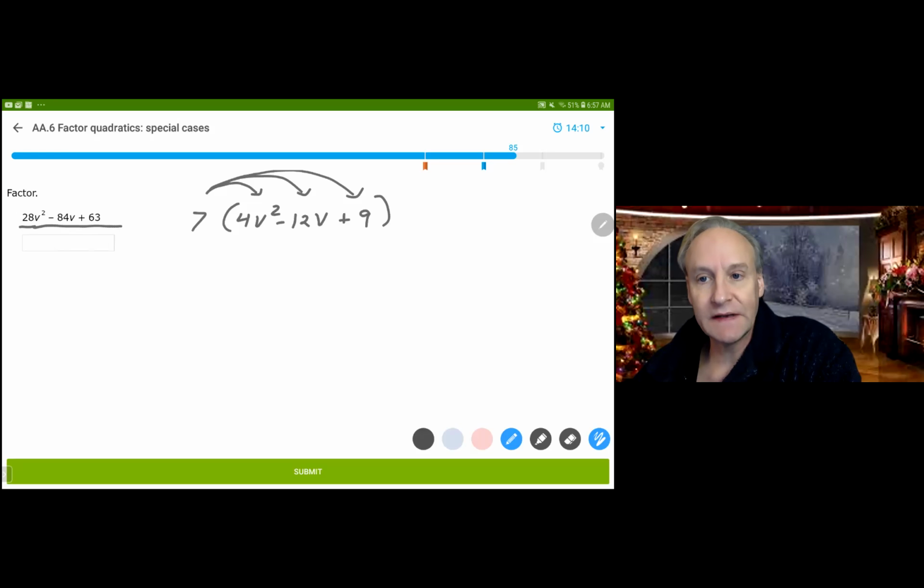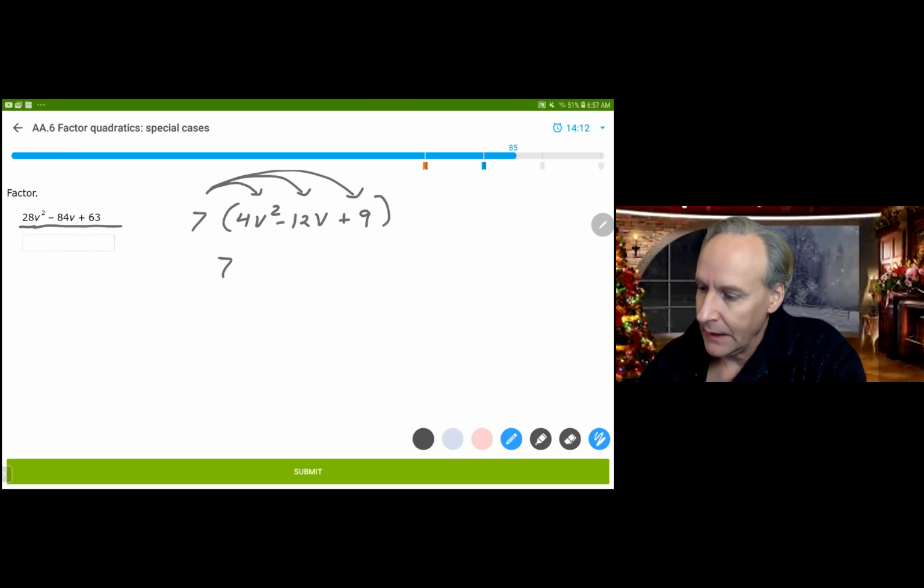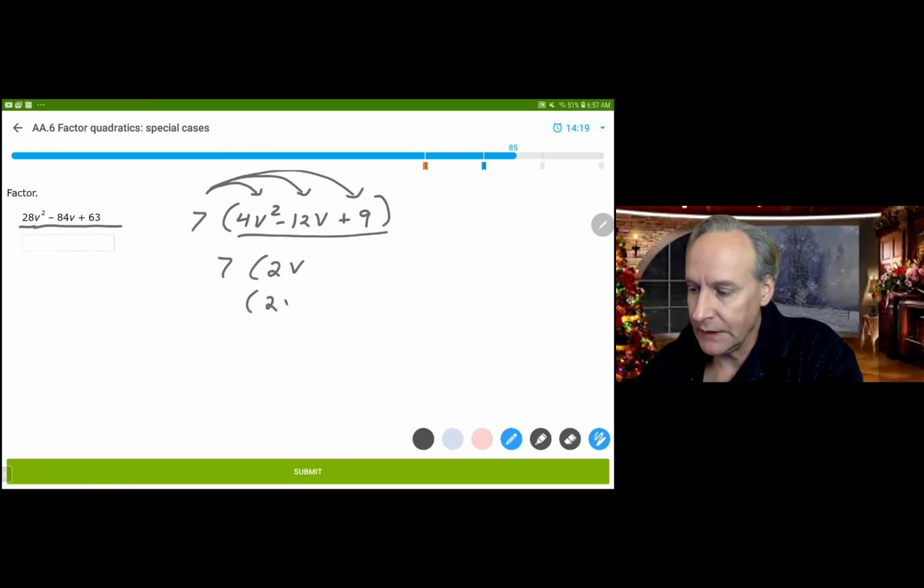Don't forget that the 7 is included, and this is a perfect square trinomial now. It's 2v and 2v and 3 and 3, and that negative tells us that they're both minus. And let's see, minus 6v and minus 6v, sure enough, is the minus 12v for our middle.